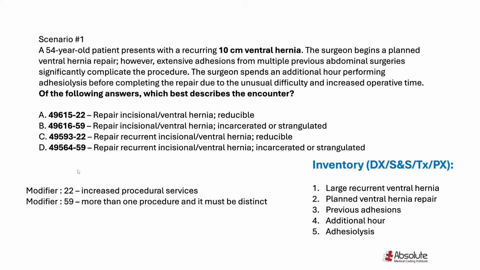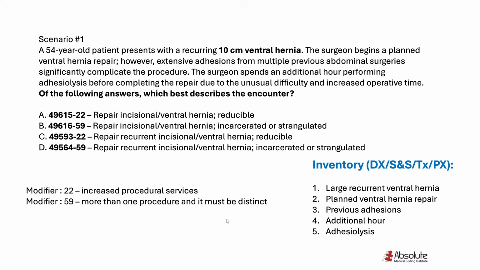But in our answer selection, we've got 2 different modifiers. So I'm honing in on modifier 22. This means increased procedural services. That means that this procedure required more skill or was difficult, some level of complexity, increased complexity. And modifier 59, this means that more than one procedure took place and that procedure was distinct from the initial procedure. So we do have more than one procedure taking place. We do have a hernia repair and adhesiolysis.